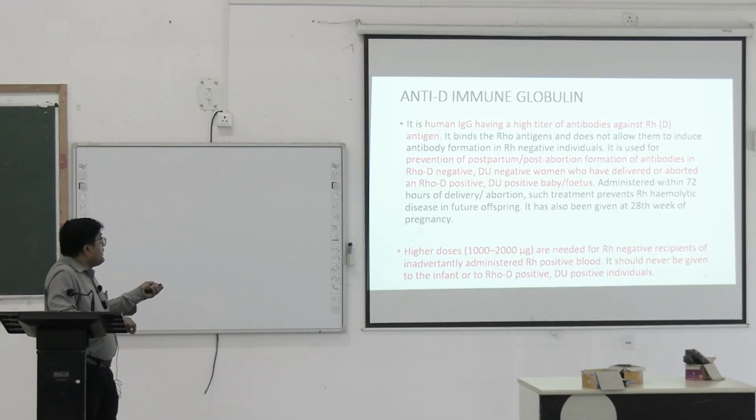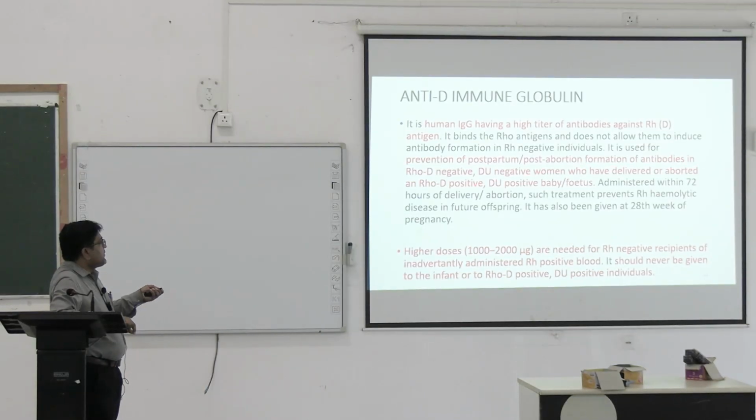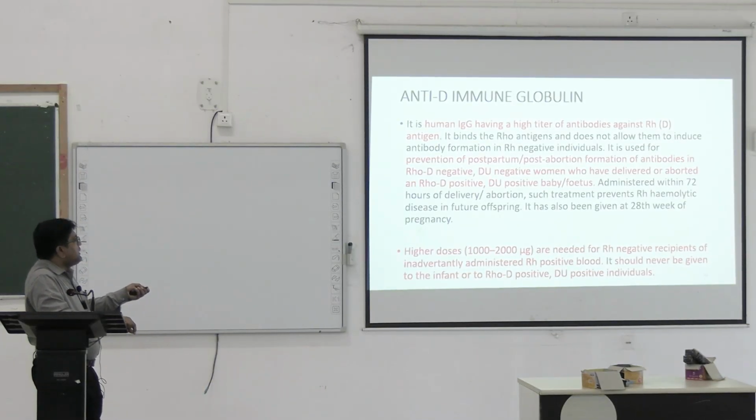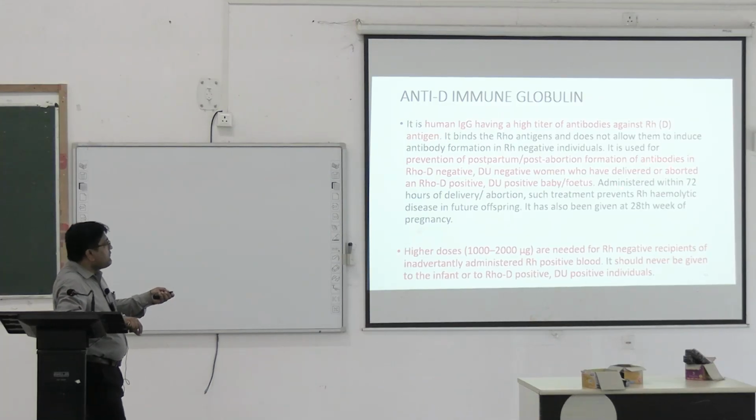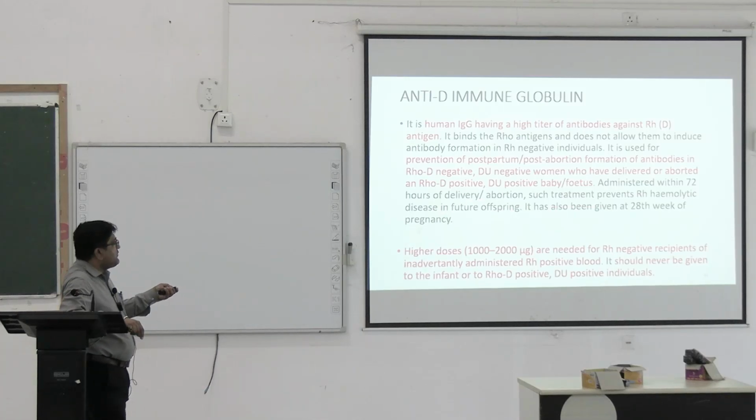So it is used for the prevention of postpartum or post-abortion formation of antibodies in Rho D negative or DU negative women who have delivered or aborted a Rho D positive or DU positive baby or fetus. That has to be administered within 72 hours of delivery or abortion. Such treatment prevents Rh hemolytic disease in future offspring.